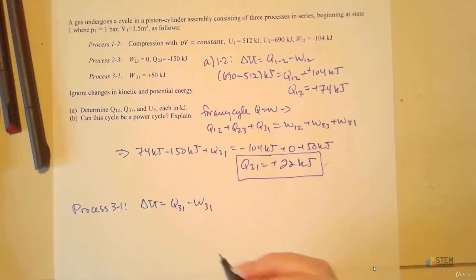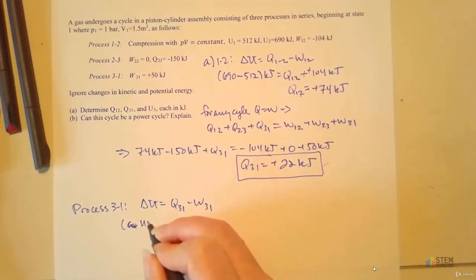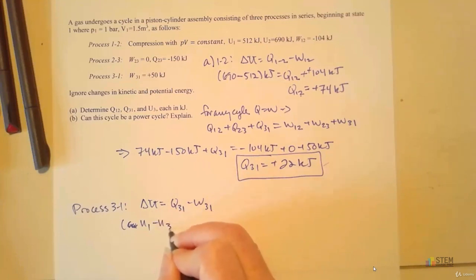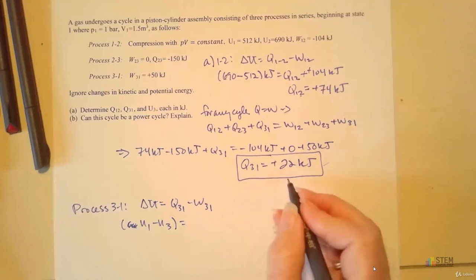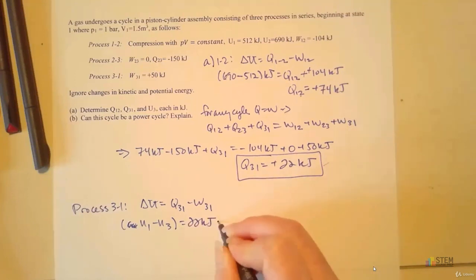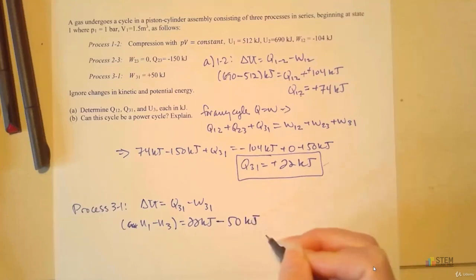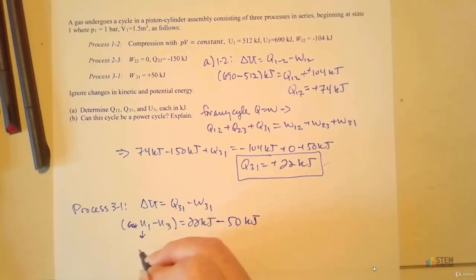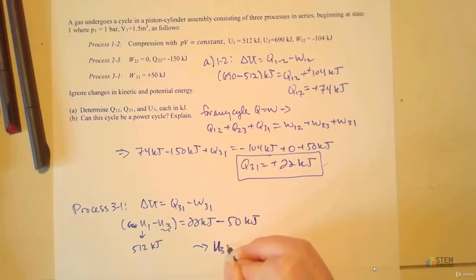We know delta U is going to be U1 minus U3. And Q31, we just found that, was 22. And then we subtract the work for that process, which was 50. U1 was given as 512 kilojoules. Now we can solve for U3. Alright, so U3 is going to be 540 kilojoules.